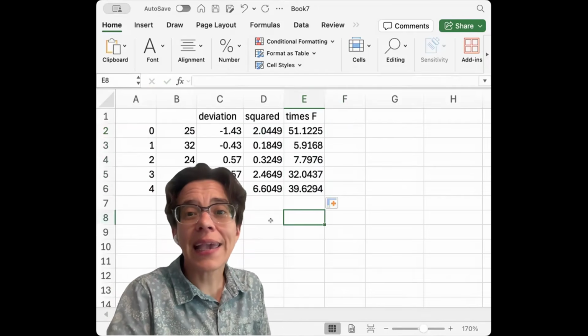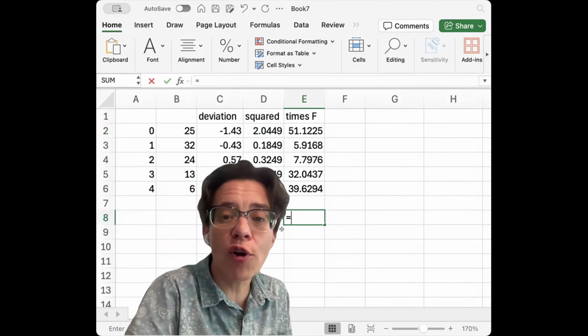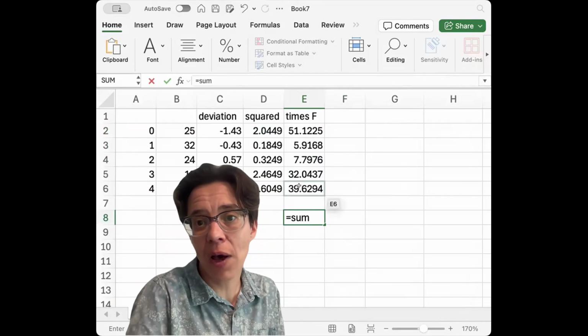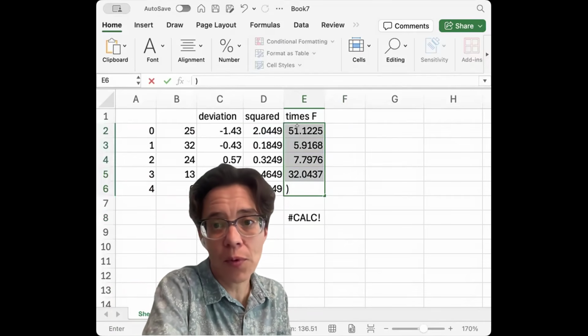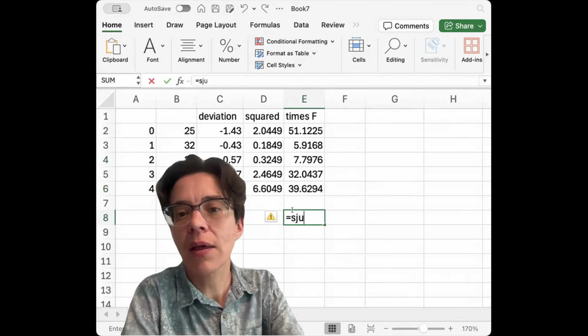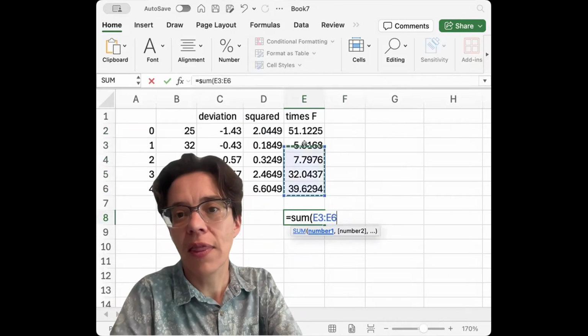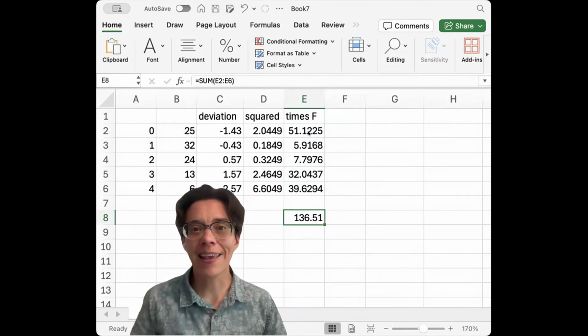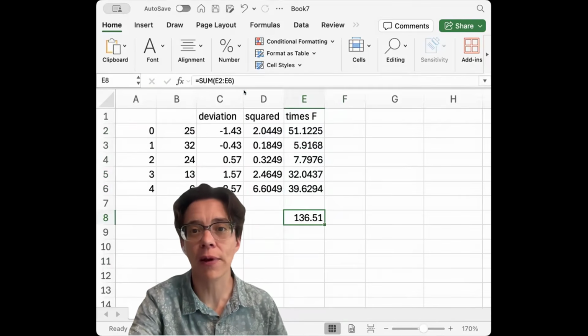We can then get our overall sum by taking the sum of these values. Oop, it did not like that, my bad. Of these values. Okay, so we get 136.51. This number is not being rounded.